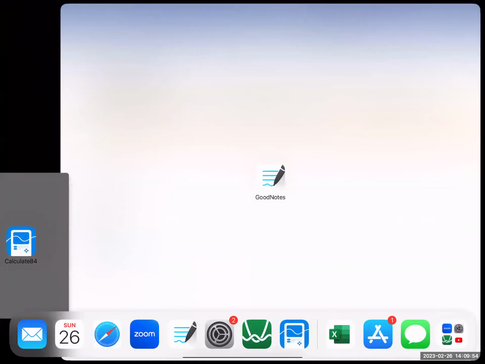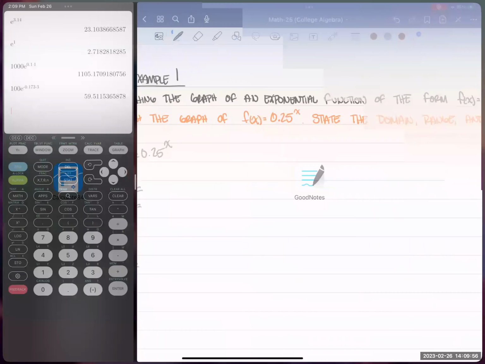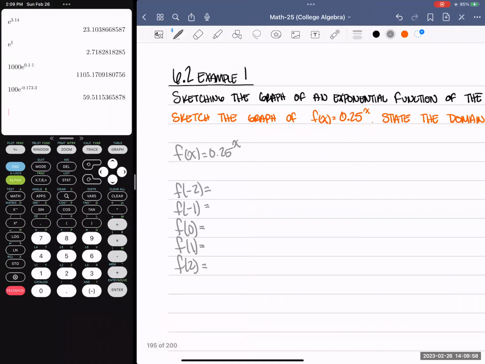Let's get our calculator. All right, so 0.25 raised to the power of -2 gives us 16.